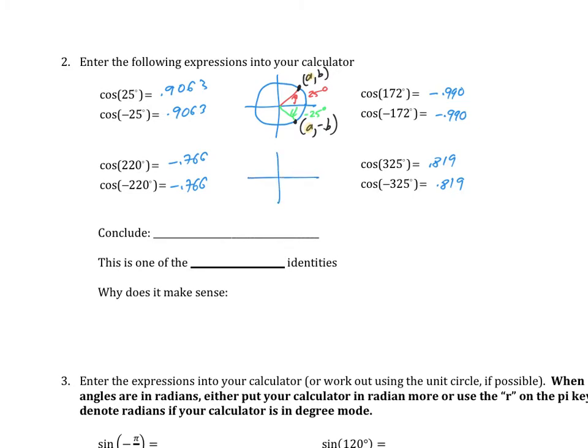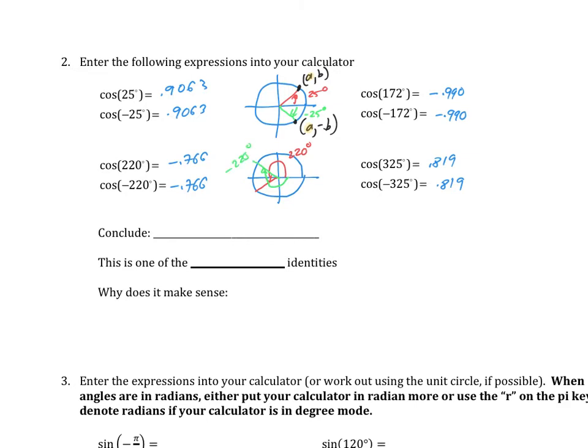So let me draw the next angle. If I sketch 220 degrees, I would go 180 degrees plus another 40. So this is 220 degrees. And then I'm going to sketch negative 220 degrees, which means I start at the positive x-axis and rotate in the other direction. So this is negative 220 degrees.